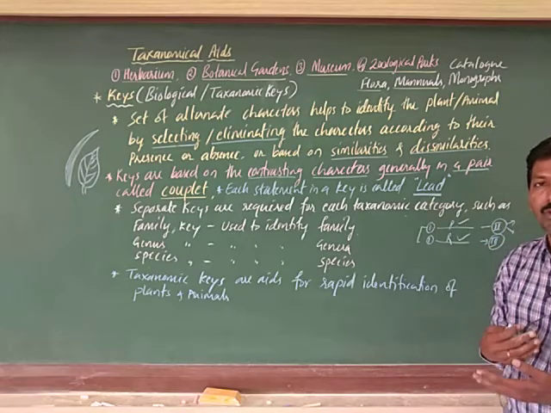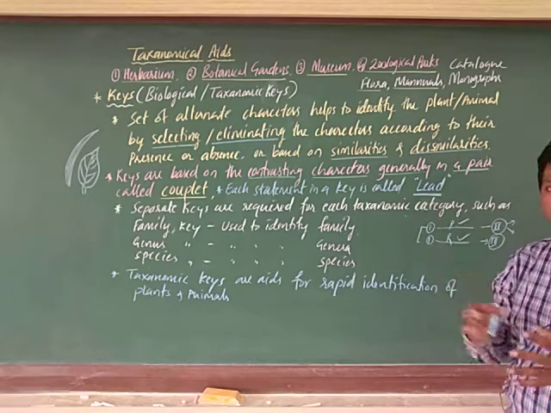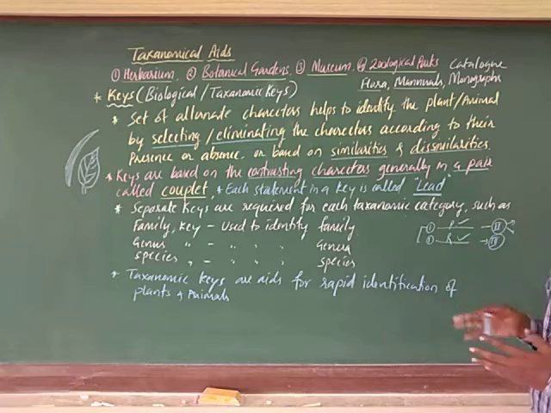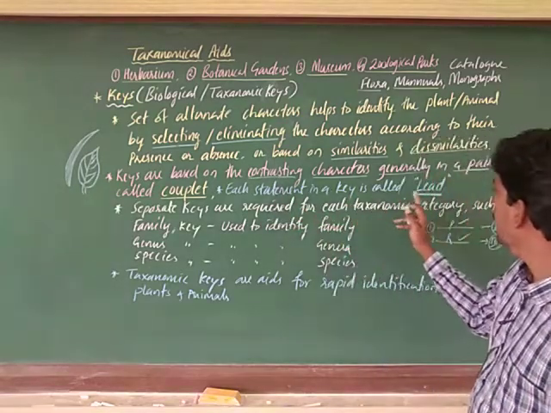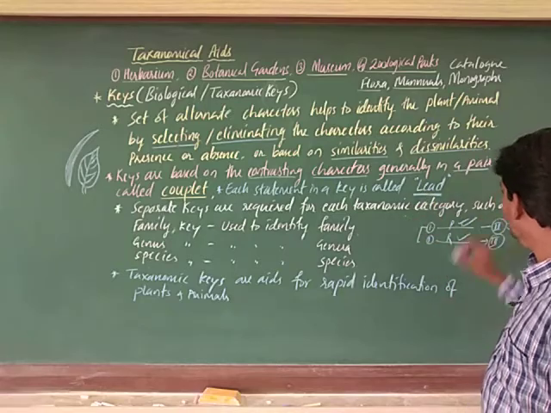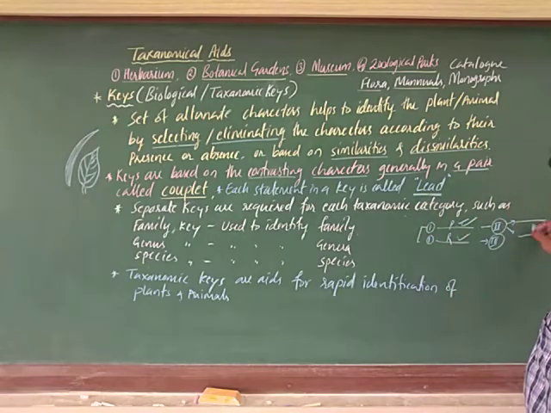That means go for the next page, and it will give us the lead. That is what each statement in a key is called, a lead. So, here also there are two statements.